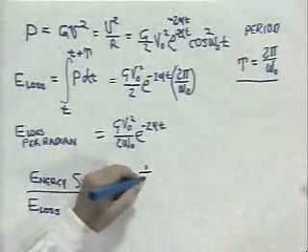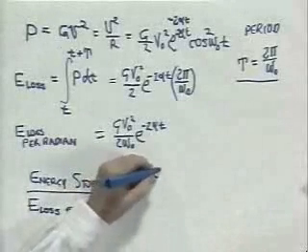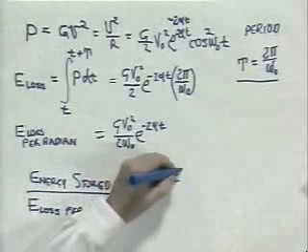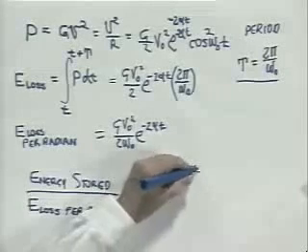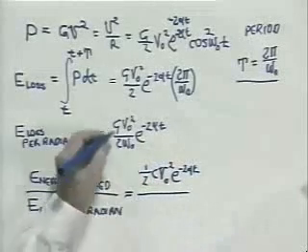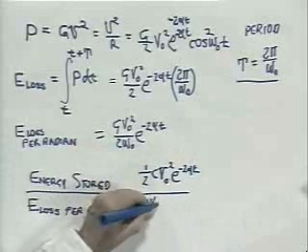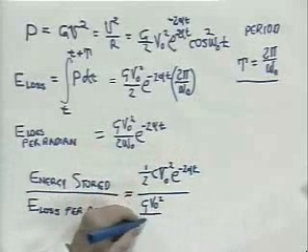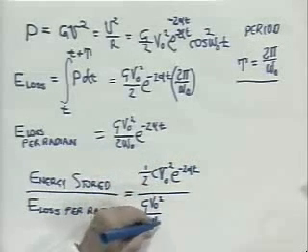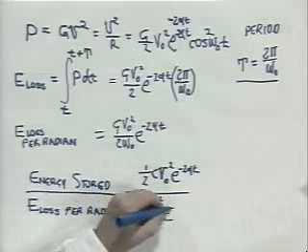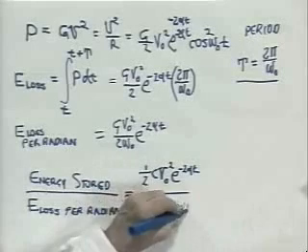So we have 1/2 C V0 squared e to the minus 2 alpha t. And the energy lost per radian is G V0 squared over 2 omega naught e to the minus 2 alpha t.